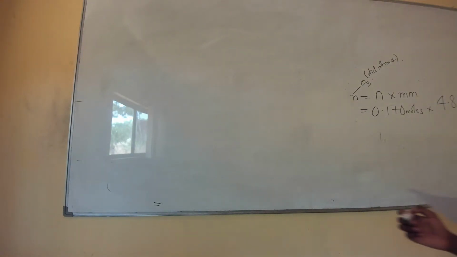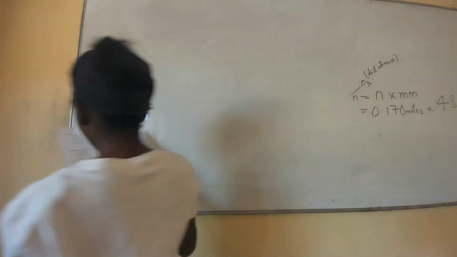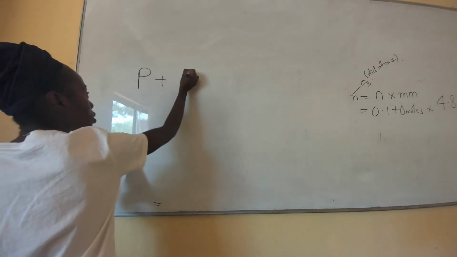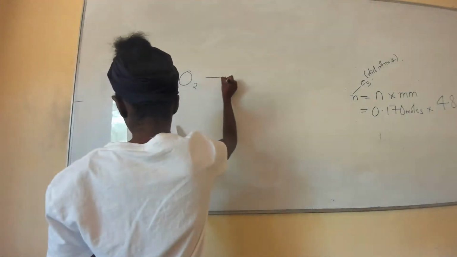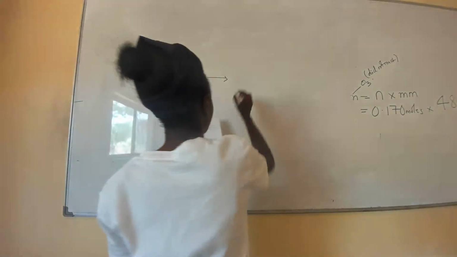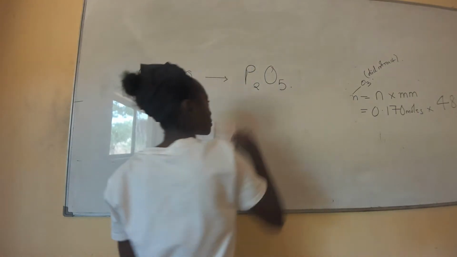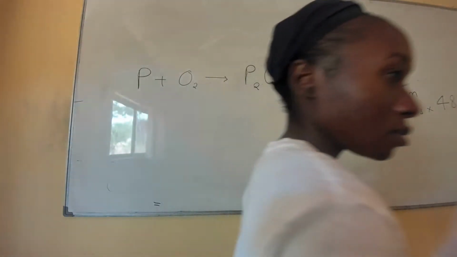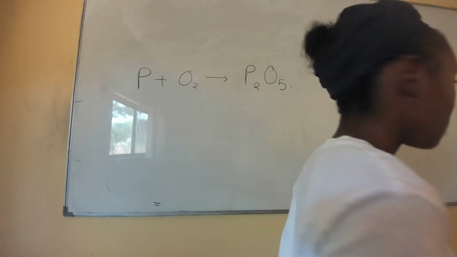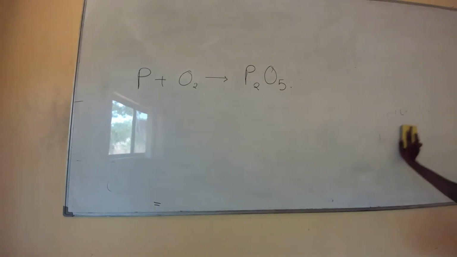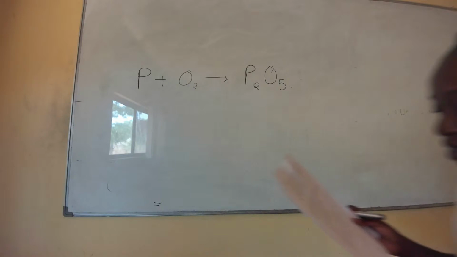The question is telling us phosphorus burns in oxygen to give P2O5. So which reactant is the limiting reactant?